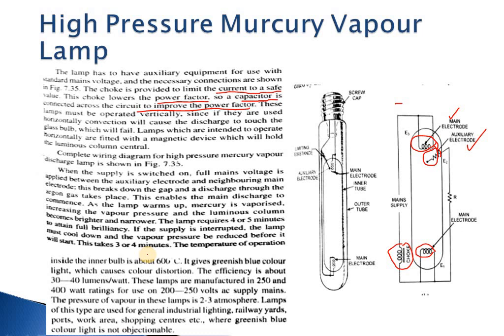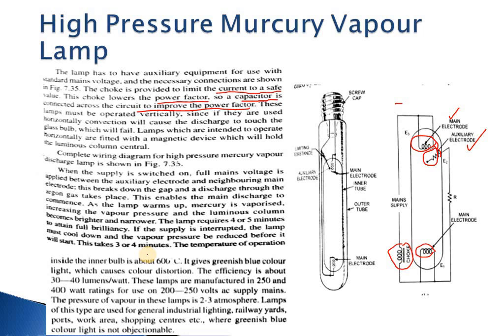Lamps of this type are used for general industrial lighting, railway yards, ports, work areas, shopping centers, etc., where greenish blue color light is not objectionable. Previously it was the sodium vapor lamp, whose color is yellowish, and this one is greenish.